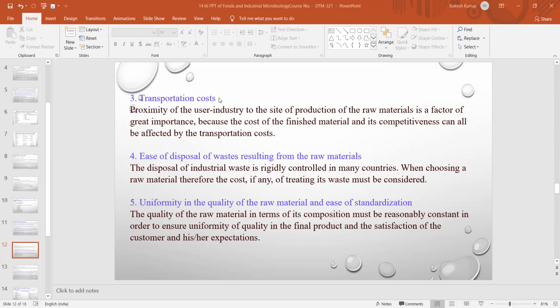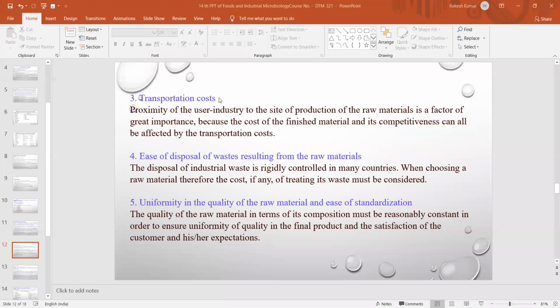So automatically you should know about the substrate, from where you are getting it, what type of substrate it is, what is the quality of that substrate, and where it is available. Now the ease of disposal of waste resulting from the raw material. Nowadays, a number of different kinds of rules and regulations are imposed by different bodies like the pollution control board, or there are boiler inspectors.